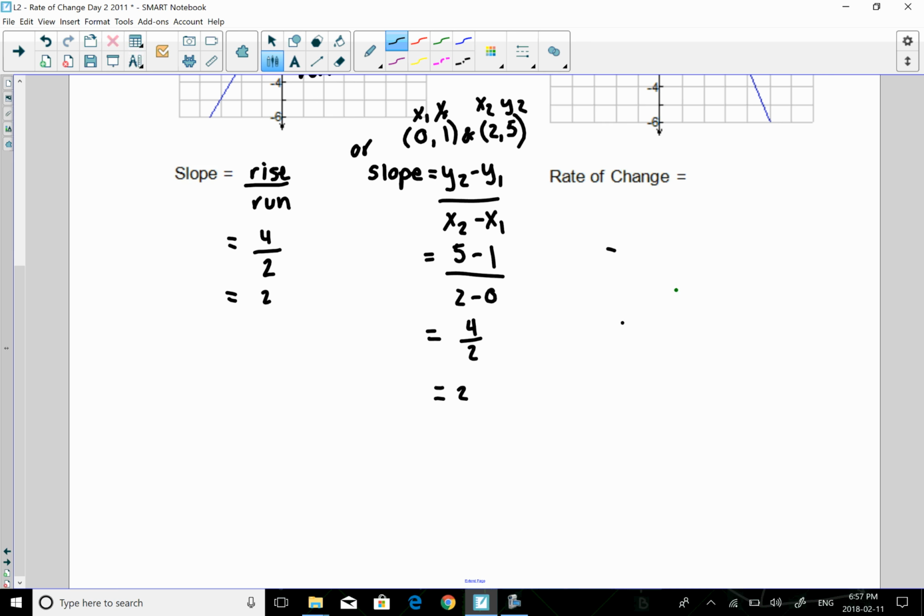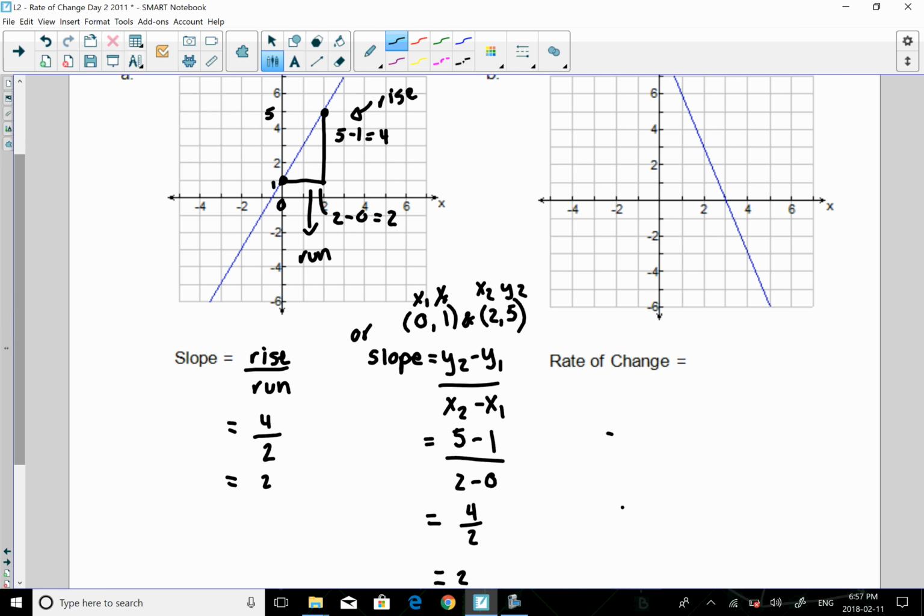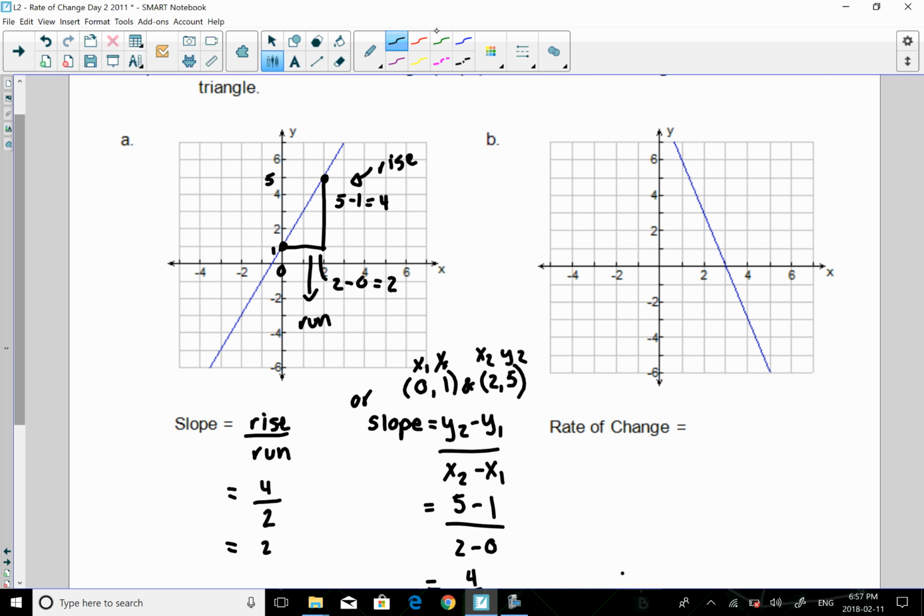Okay, so the next one, again, if you have a graph, you can use any 2 points and draw a triangle. I use these 2. Remember, it's rise over run. Rise, we're going from 0 to 6.